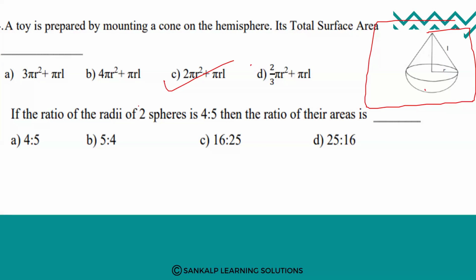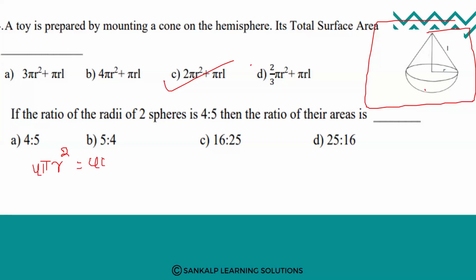Now, the ratio of the radii of two spheres is 4 is to 5. Then the ratio of their areas is, okay, areas they have asked. So the total surface area of a sphere is 4 pi r square.